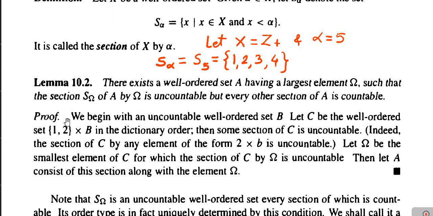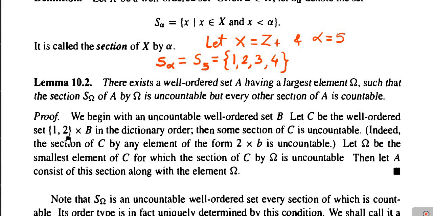Now let us prove this lemma 10.2. For proving this lemma, we'll consider a set B which is well ordered but uncountable. So let capital B be an uncountable well ordered set, and let capital C be the well ordered set which is the Cartesian product of the set {1, 2} with the set capital B in the dictionary order.